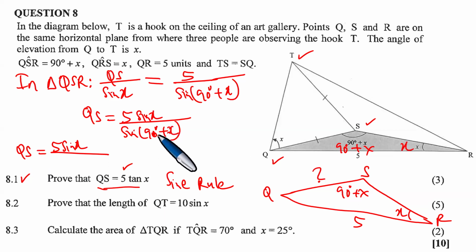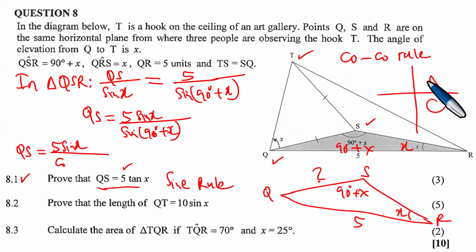What is 90 degrees plus x? In which quadrant is that? That is in the second quadrant, where the sign is positive. But there is a cofunction change by the CoCo rule, which is clear when you look at the CAST diagram: 0 degrees, 90 degrees, 180 degrees, 270 degrees, 360 degrees.